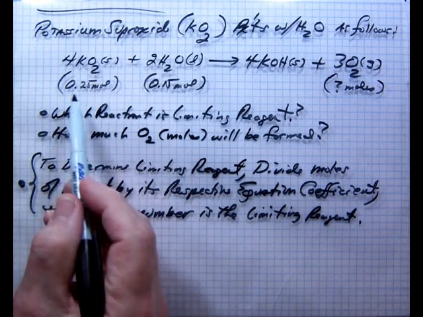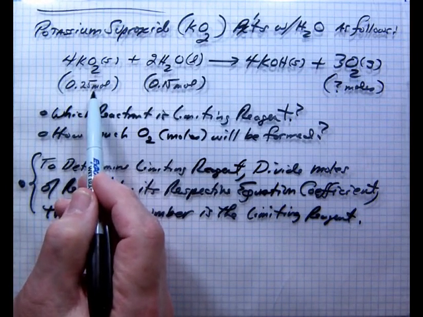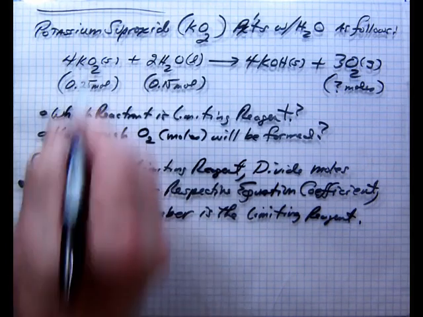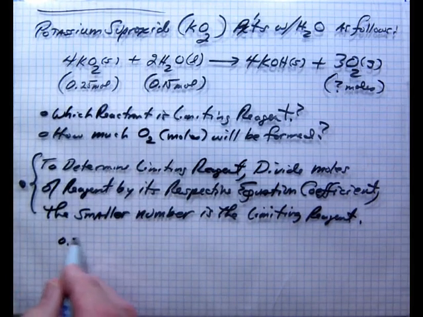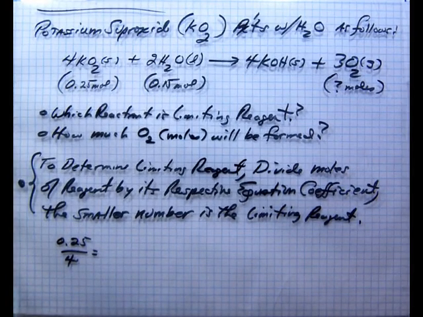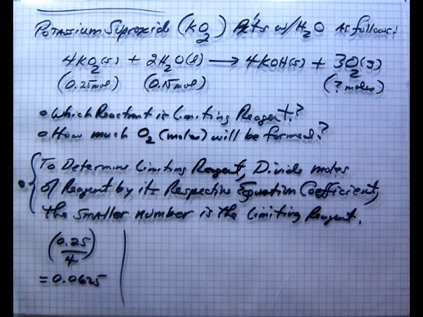Here we have 0.25 moles in the problem. Well, the balanced equation has 4 in front of the KO2. So what I would do is take 0.25 divided by 4, and you get 0.0625.